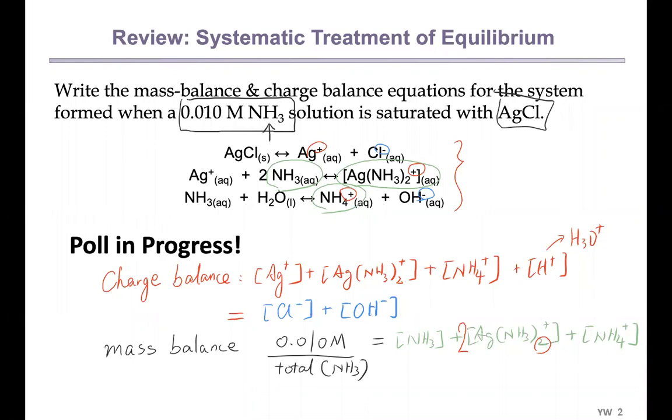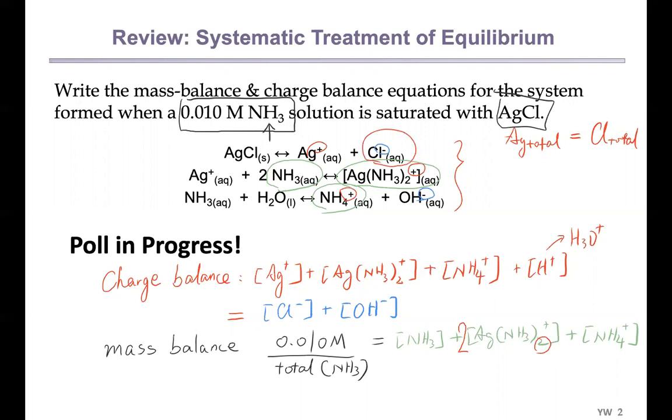The second mass balance deals with silver chloride. So the idea is all the silver and all the chloride comes from the same compound, right? So the idea is the silver total should equal the chloride total. And when we look at all the possible equations, chloride seems to be all by itself.